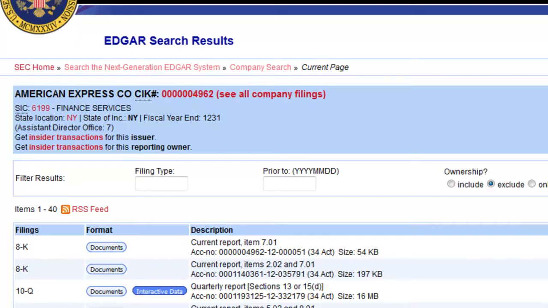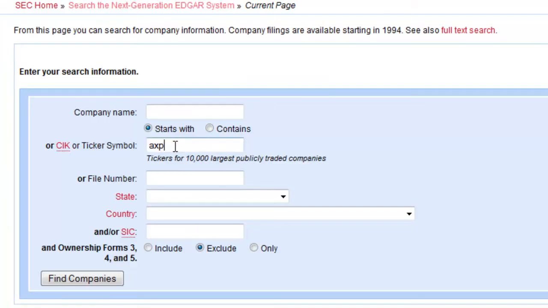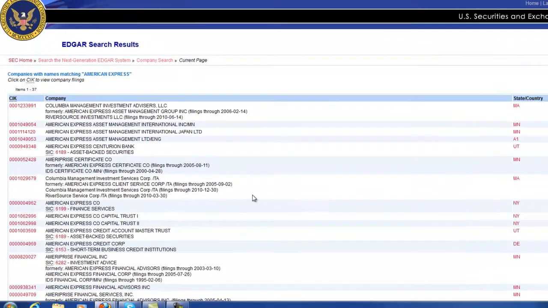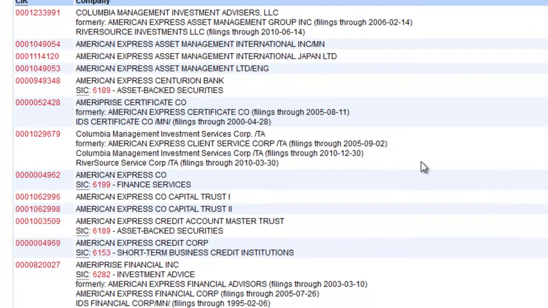But let's go ahead, let's go back again. And let's say we don't know the ticker symbol of a company. And let's try to search for American Express by typing in American Express and click OK. Now we are taken to a completely different page, and it is because the American Express phrase is used by a lot of different companies, and Edgar generates a list of them that use American Express in their names.